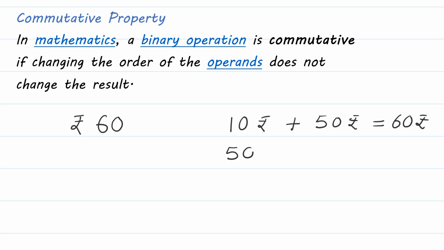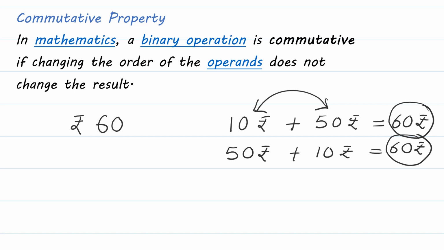But if you give the 50 rupee note first and then 10 rupees, then also the amount is the same. So by changing the order of 10 and 50 rupee notes, the final value remains the same. So this property is the commutative property of natural numbers. Sum of natural numbers is commutative.